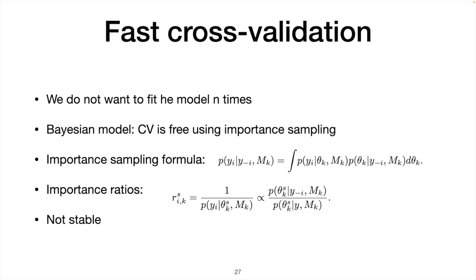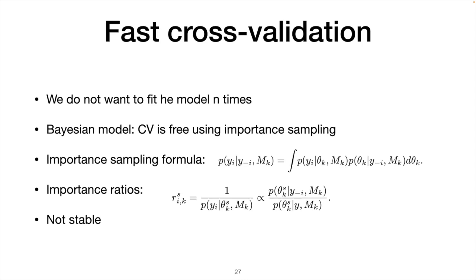The idea is that we can use importance sampling, because the difference between the parameter inference of the leave-one-out distribution and the full data inference is very small, right? And we know exactly what the difference is.